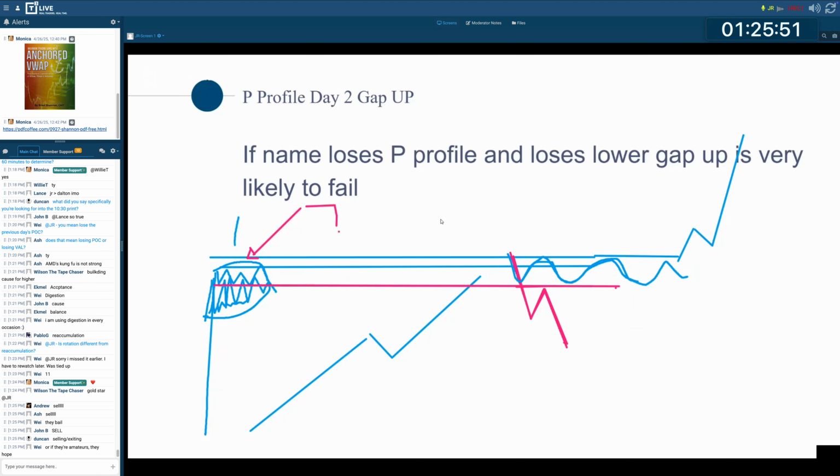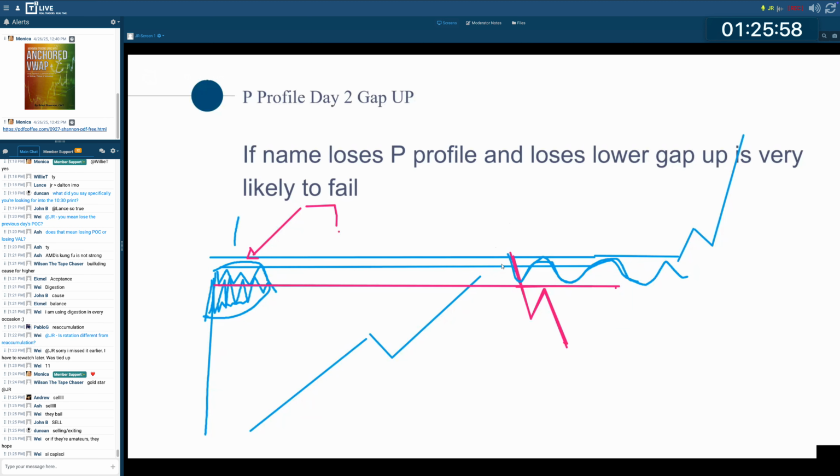So if the name loses its day 2 gap up P profile from the prior day, and you lose point of control, that is definitely a sign that you're likely to fail. But, okay, you always have to think of the countervailing. If you start to create value between point of control and value area high for one or multiple days, what the market's telling you is that buyers are not looking to transact beneath this prior point of control, right?